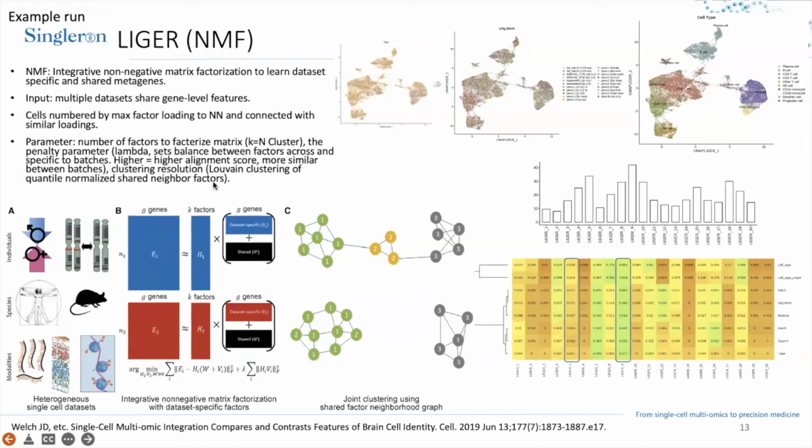this algorithm. The next part is that it will calculate a joint clustering using the shared factor neighborhood algorithm from Louvain clustering. The clustering of the cells in Liger is not dependent on the cell itself, but makes use of the neighbors of the cell to determine the cluster of the cell itself.